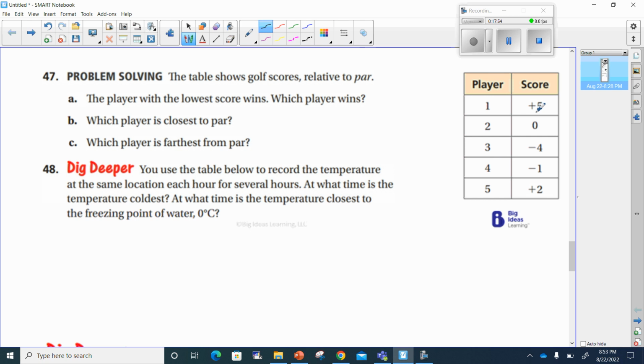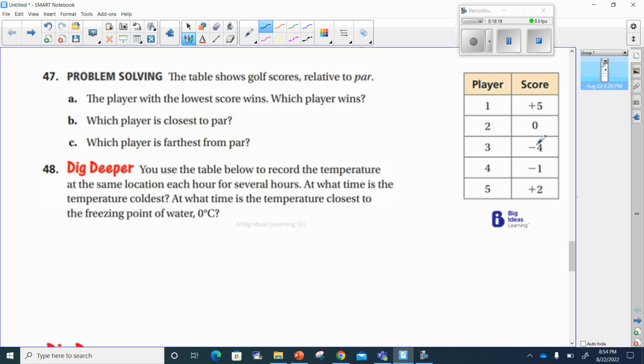So we have +5, -4. Let's see, with the lowest score. A -1 and a +2. Right? So remember, the player score relative to par. This one took 5 extra strokes, right?